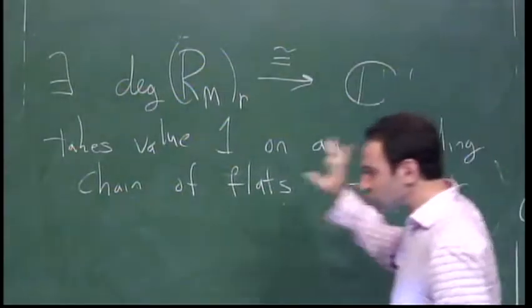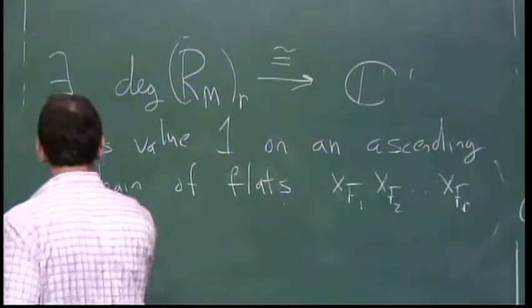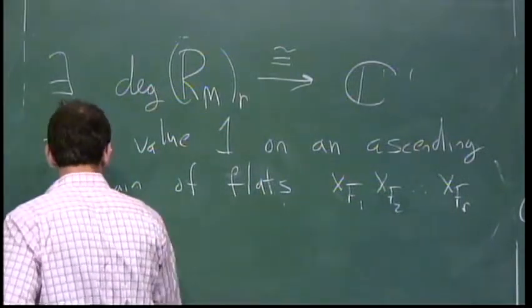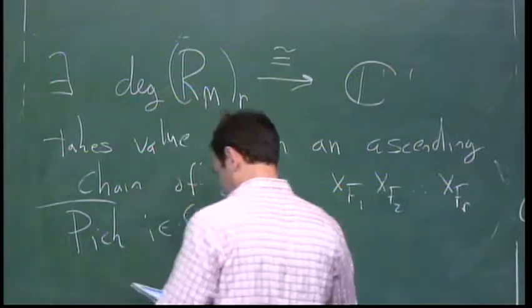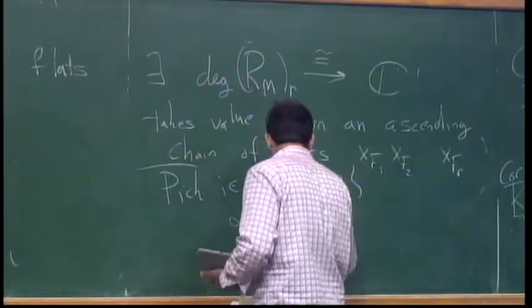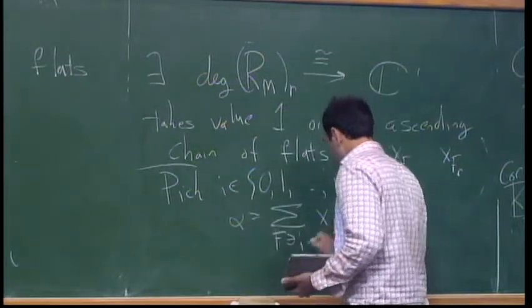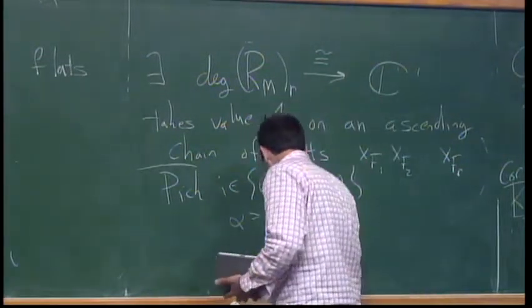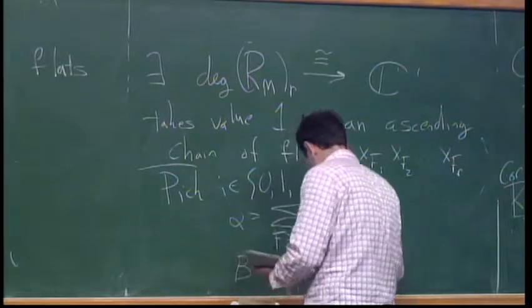And now there are two very important degree 1 elements of our ring. So I'm going to pick my favorite element of the ground set. And I'm going to define a class alpha to be the sum of all flats containing i. And I'm going to define a class beta to be the sum of all flats not containing i.